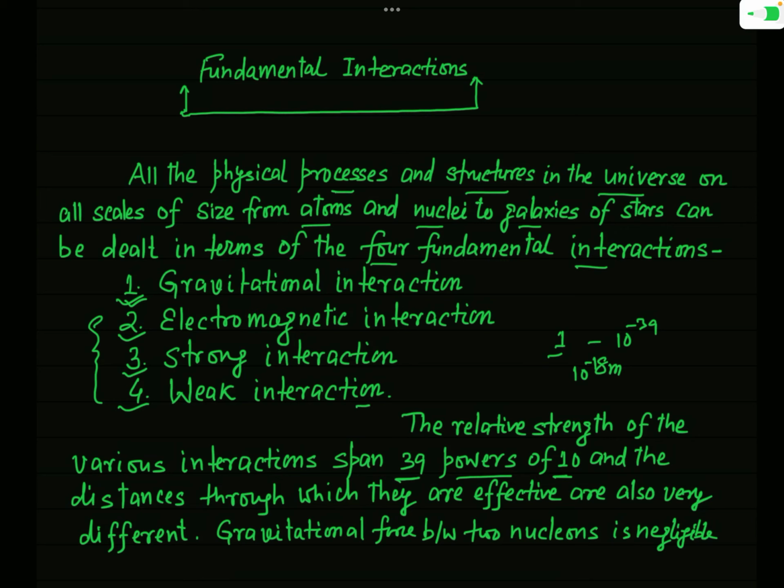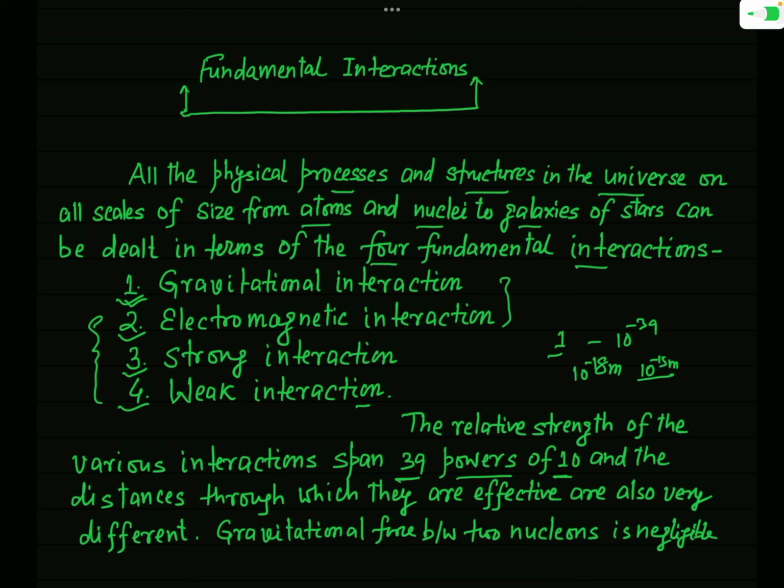Similarly, the strong interaction, or the strong nuclear interaction, is effective when the separation between two interacting particles is of the order of 10 to the power minus 15 meter. So commonly we say that the strong interaction and the weak interaction are short range forces. On the other hand, the gravitational interaction and the electromagnetic interaction are long range interactions.